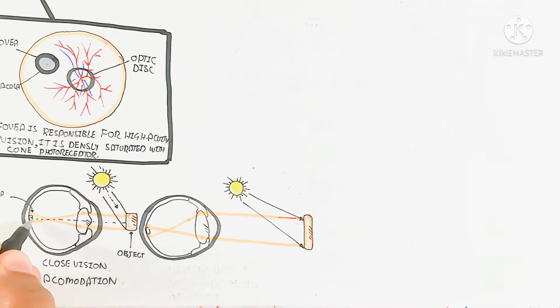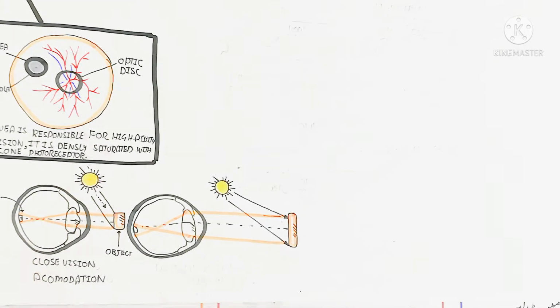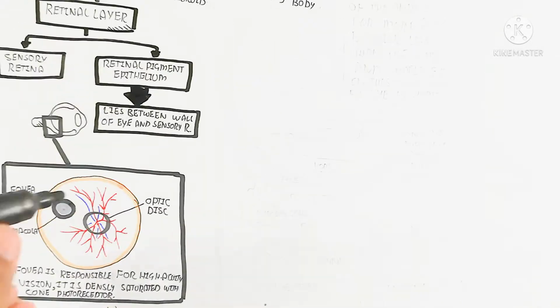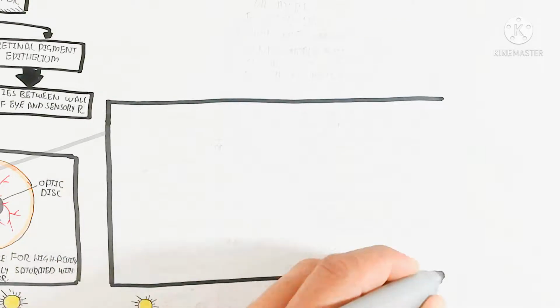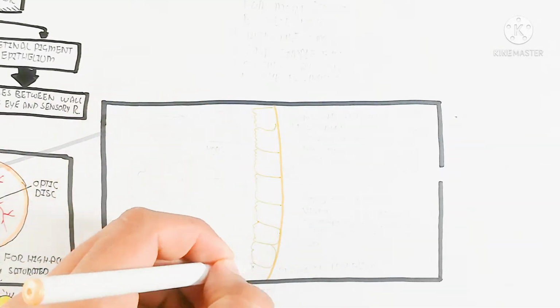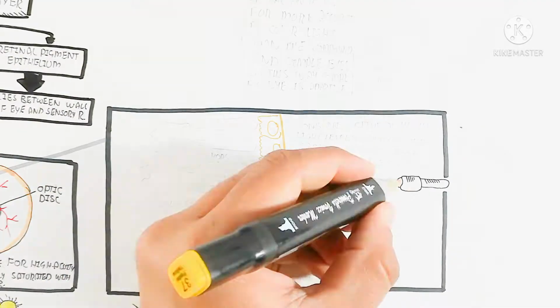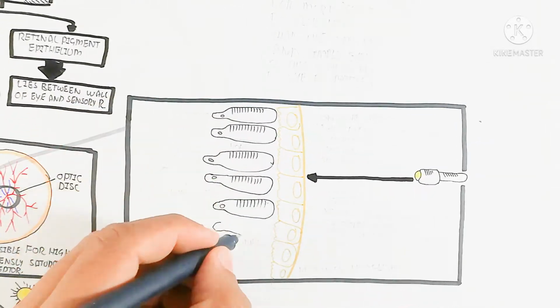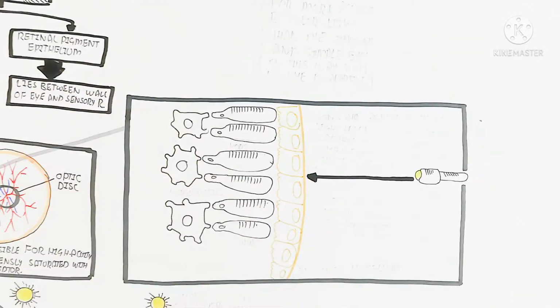And here you can see the distant vision, through the shape of the lens, a ciliary movement and the relaxation of the eye pupil. Basically the pupil is used for dilation and constriction for light absorption.